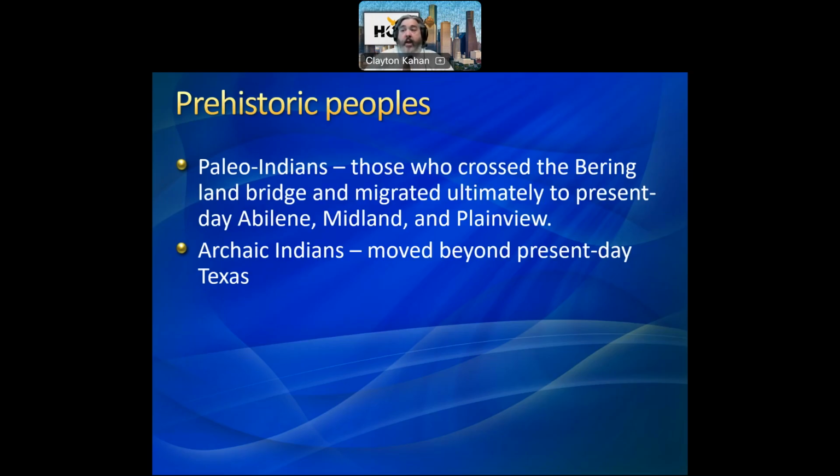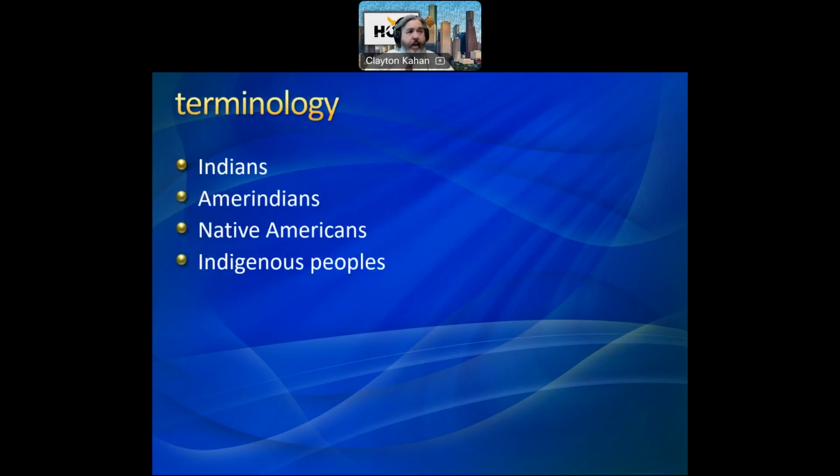Now, they're not exactly the same groups of people. They've got different backgrounds. I want to emphasize this, but they're not that different. Okay, they're not so far different from one another that we can't talk about them as groups together.